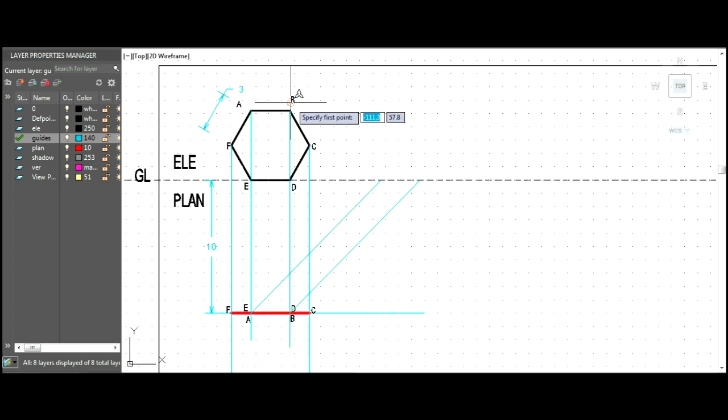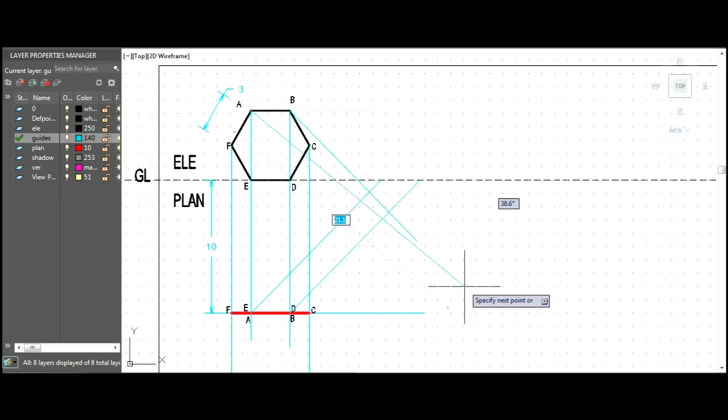So now to plot the shadow of the points A and B, let us start by drawing the light ray at 45 degrees from B and from A. So now the light rays from AB in elevation cut the ground plane first, and the light rays from plan cut the ground plane later.